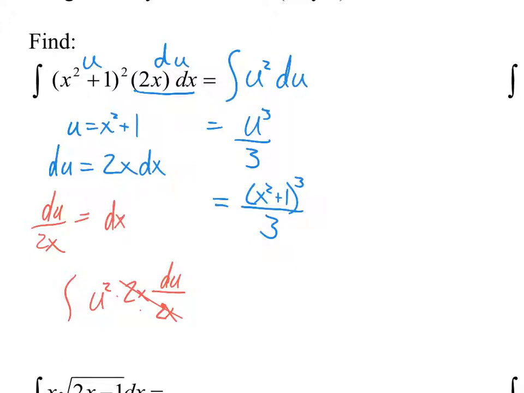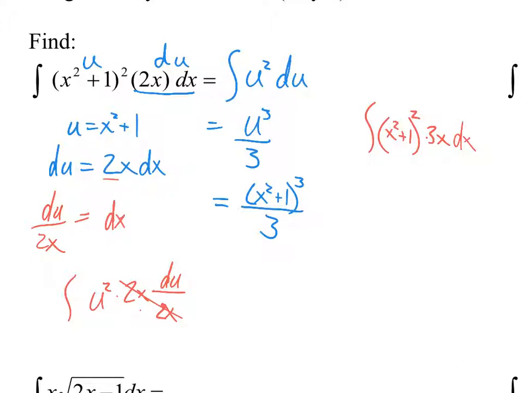If it is not 2x, if it is 3x, what will happen? Well, if it's 3x, remember we said if all you need is a constant to make the du you're looking for, let's say it was (x squared plus 1) squared times 3x dx, and we needed a 2x dx.